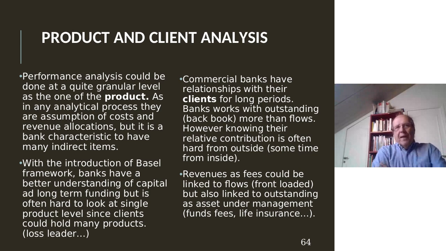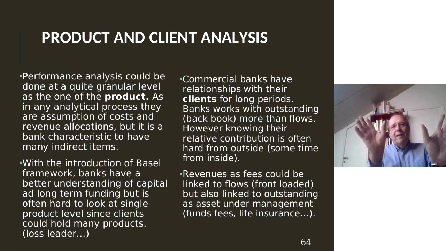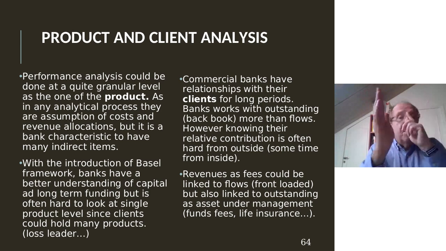For example, Standard Chartered, I don't have the example with me now, but they reorganized last year, I guess, in order to show consumer banking and wholesale banking. And in consumer banking, they are looking at the deposit margin, the mortgage margin, the consumer loan margin. So they have a product analysis.